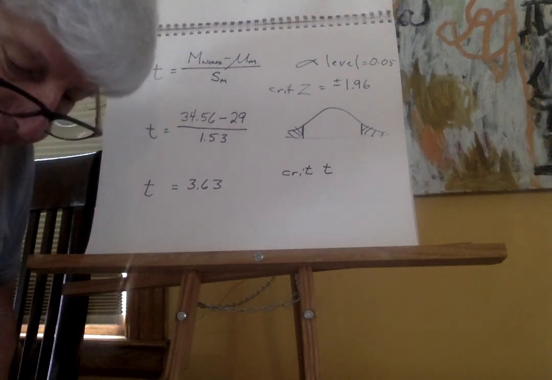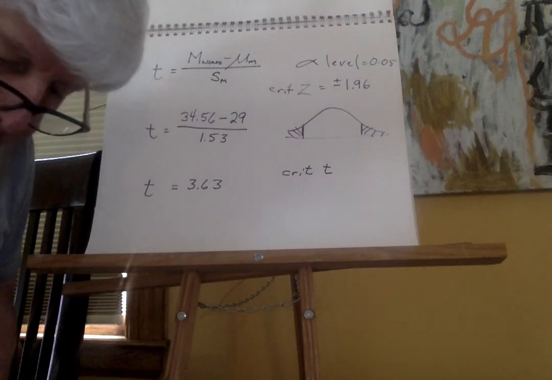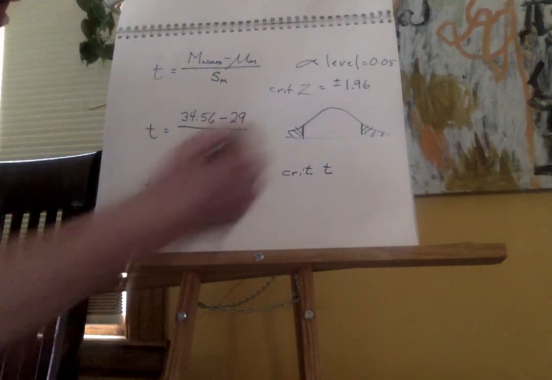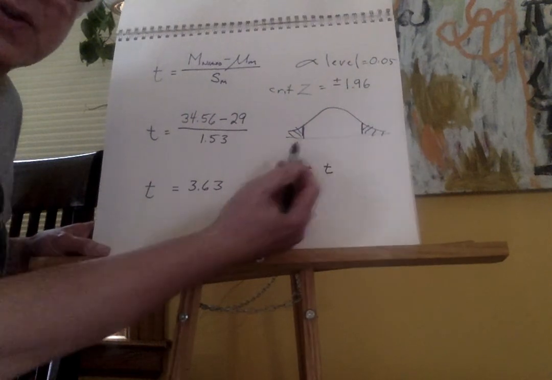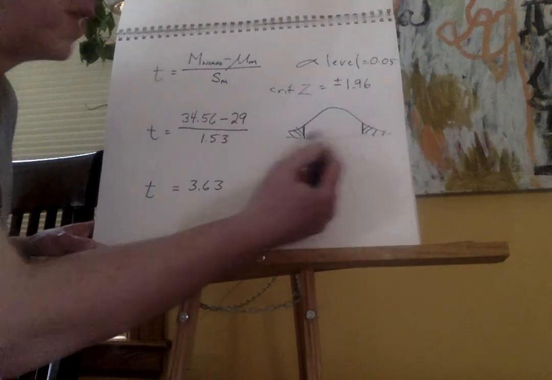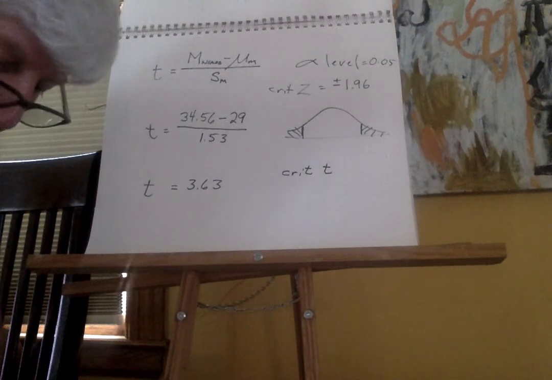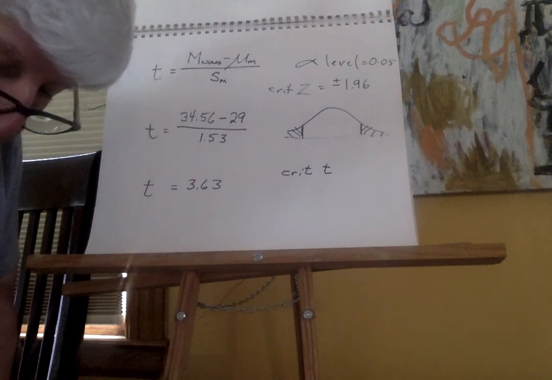Everybody with me? So now I'm going to go across the row. What do I want in the two tails? I want 5% in the two tails. That's what alpha of 0.05 is. So let's get degrees of freedom of 8.